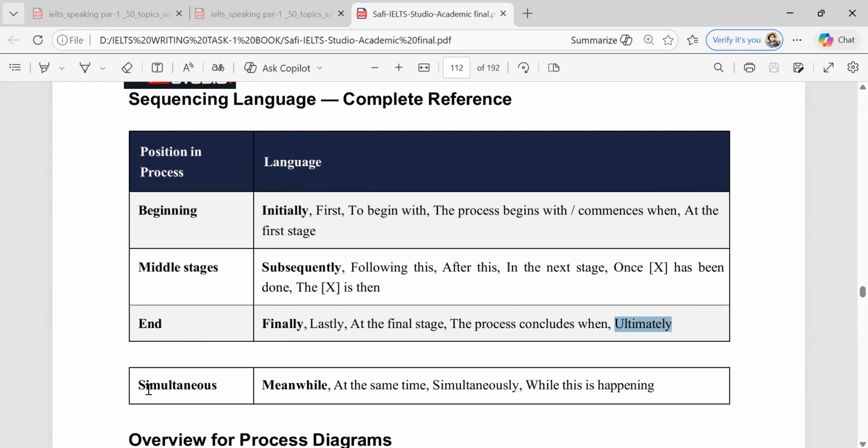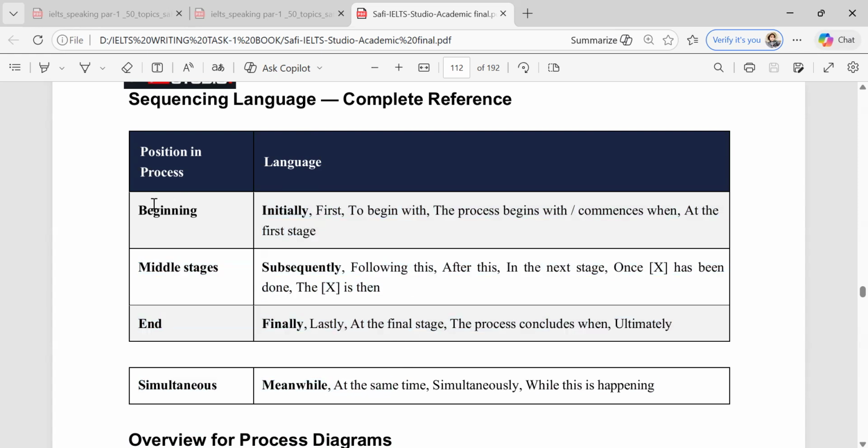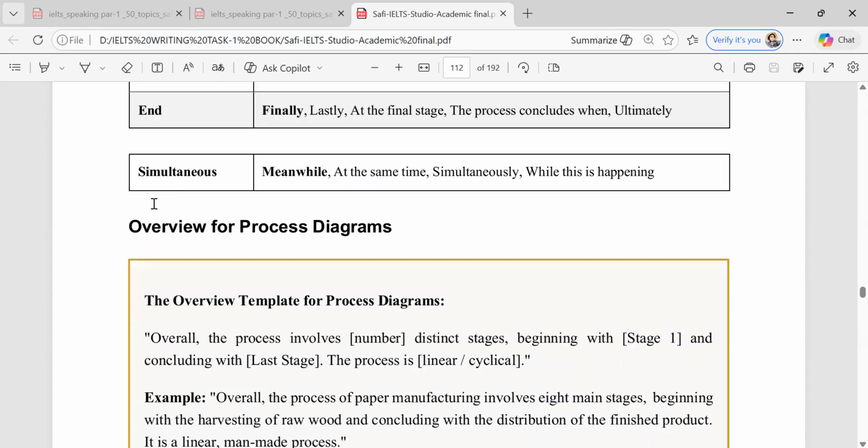If there are some simultaneous stages, you can use meanwhile, at the same time, simultaneously, while this is happening. So make sure you understand the sequence language, how to begin, how to use it for the middle, and then an end, and how to use those words for something that happens simultaneously.